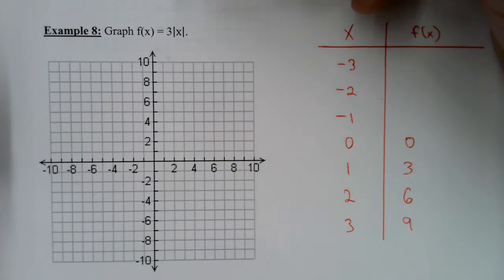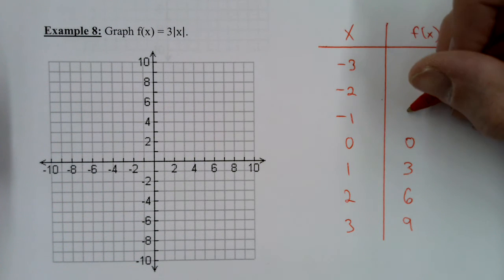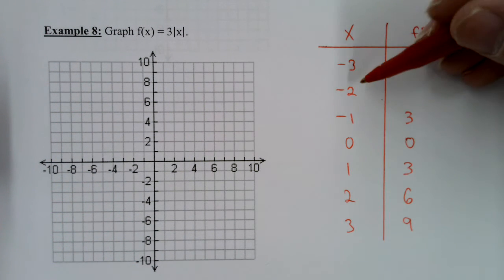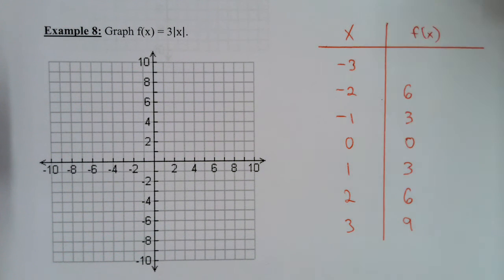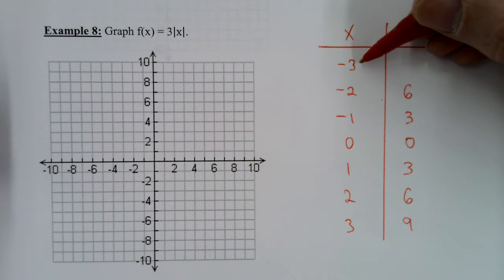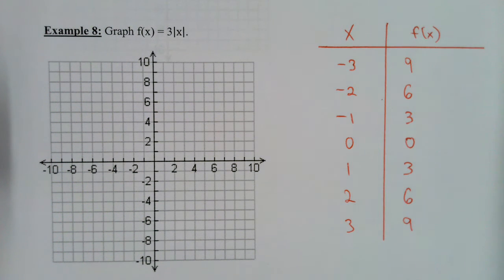When x is negative 1, the absolute value of negative 1 is 1, times 3 equals 3. When x is negative 2, the absolute value of negative 2 is 2, times 3 is 6. When x is negative 3, the absolute value of negative 3 is 3, times 3 is 9. And this is what we're going to graph.